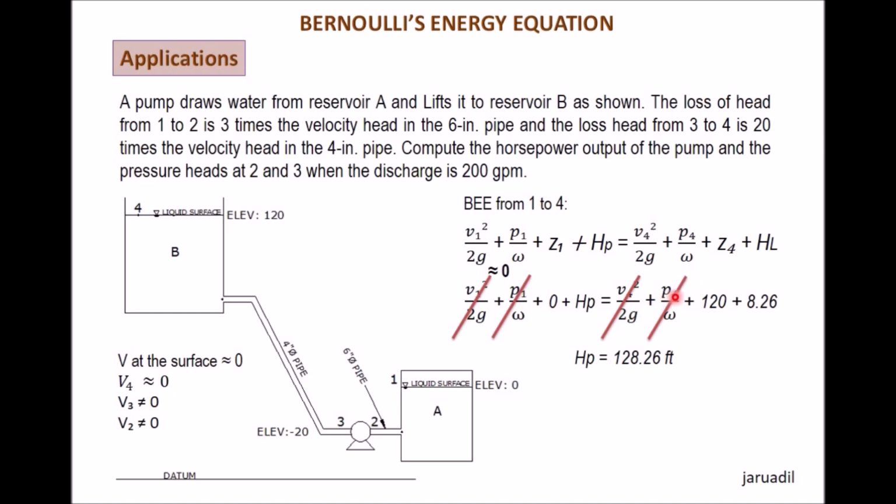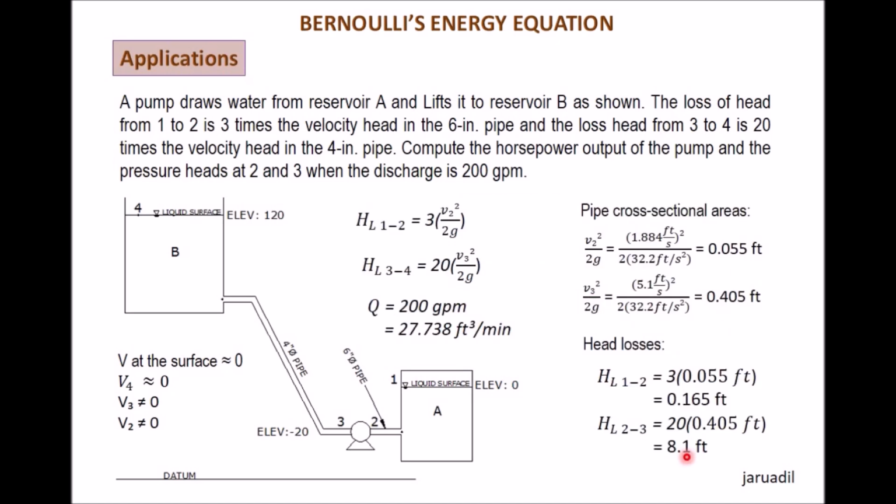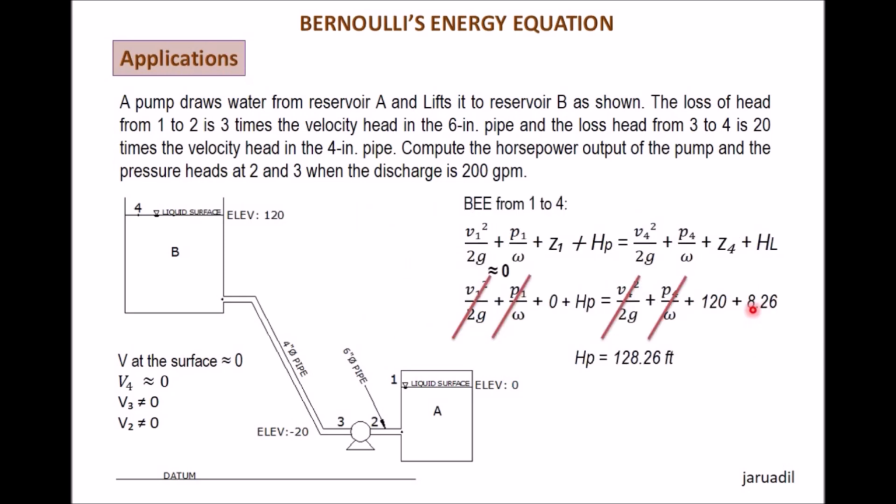The pressure at point 4 is also equal to 0. Then we have the elevation head that is 120 feet. And the head loss, we have computed that is equal to 0.165 plus 8.1, or that is equal to 8.26, rounded to 2 decimal places. So what is left on the left side is the pump head. So 120 plus 8.26, that is 128.26 feet.